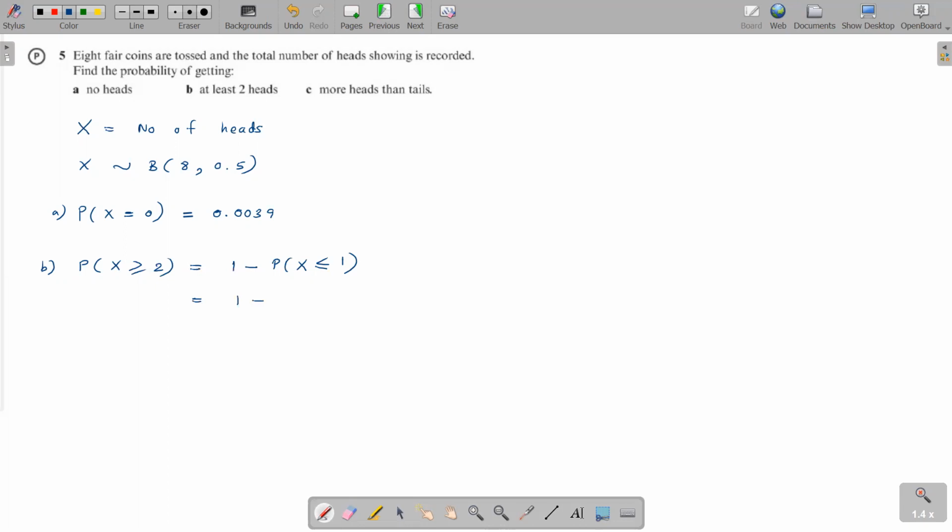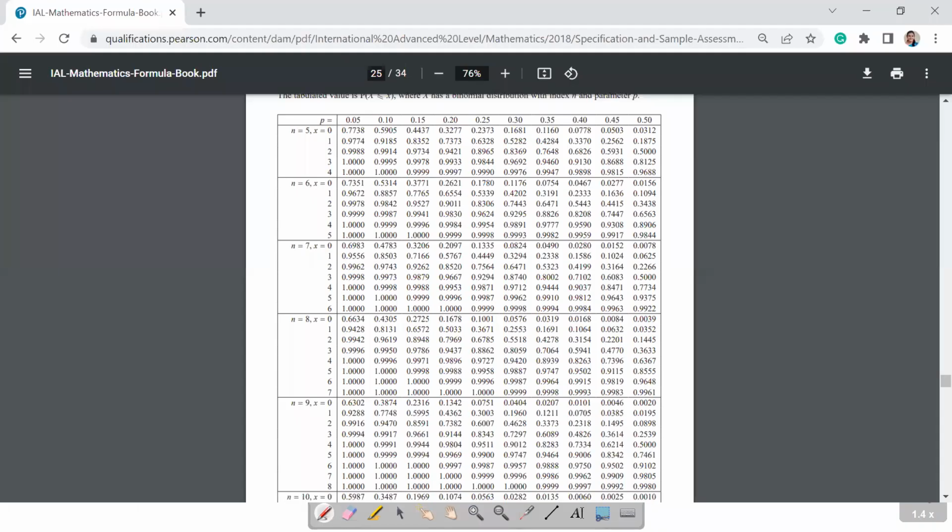So let's go for the table. When N is 8, X equal 1, the probability is 0.0352, right?